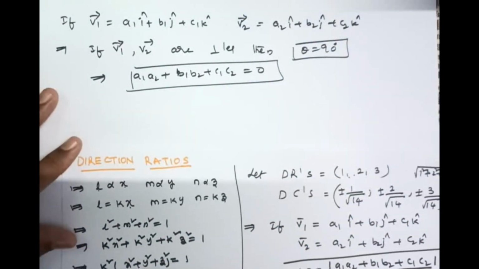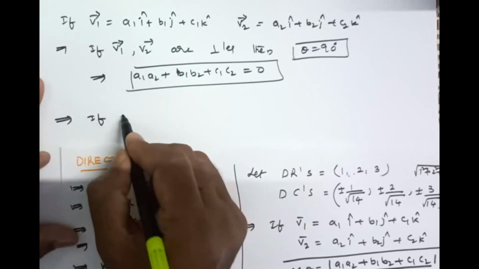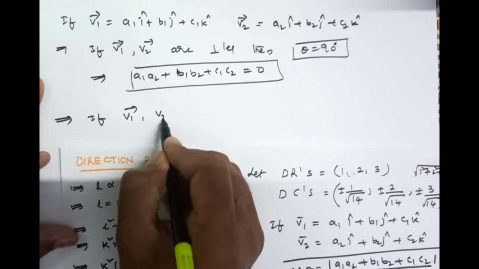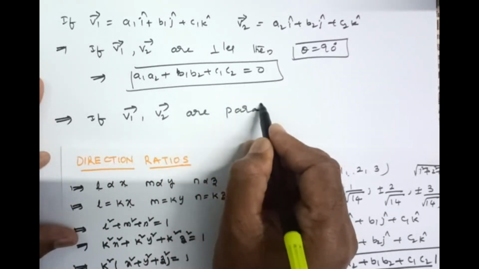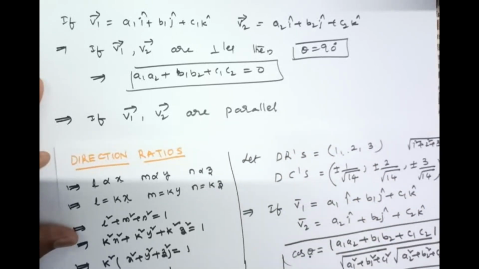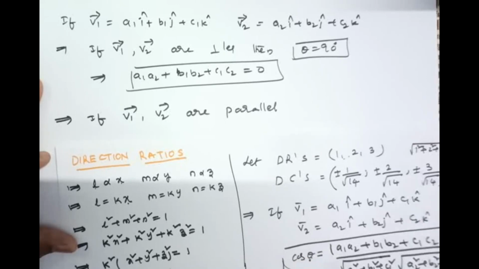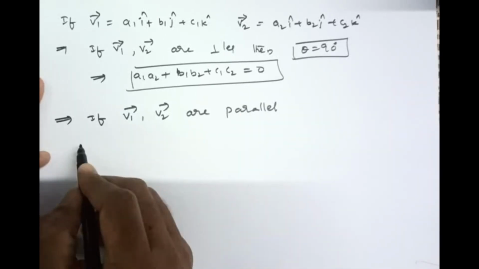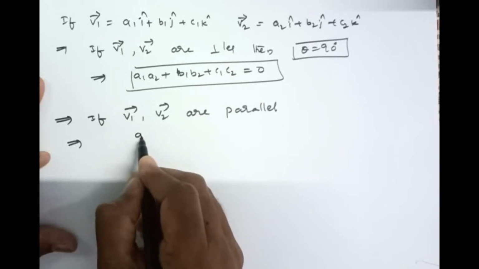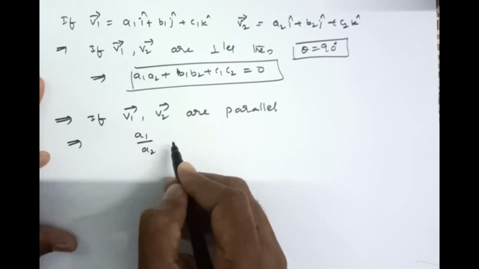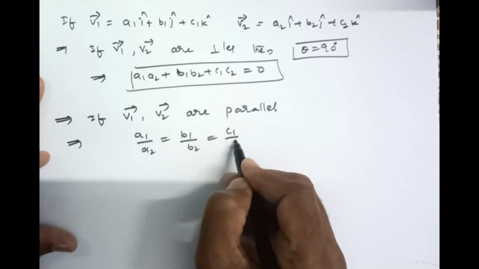Like this, if two vectors v1 bar, v2 bar are parallel, meaning they are collinear, then the angle is 0. If we simplify and compare the i, j, k coefficients, we get a1 by a2 equal to b1 by b2 equal to c1 by c2.